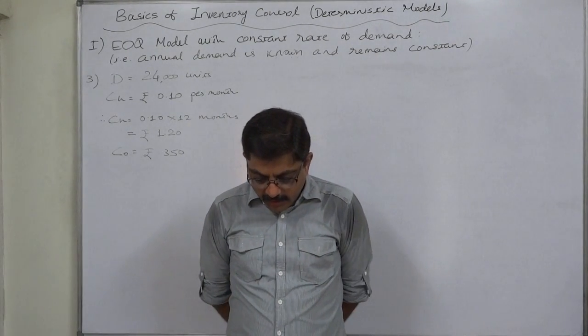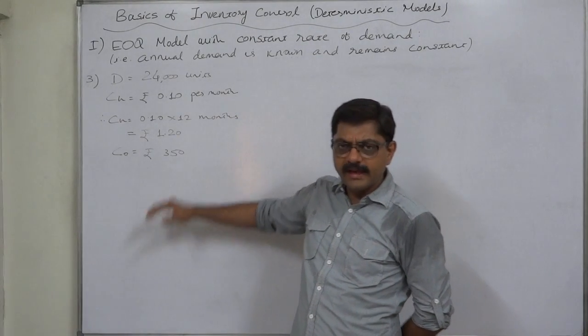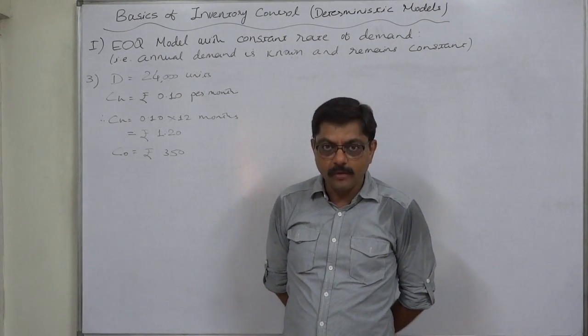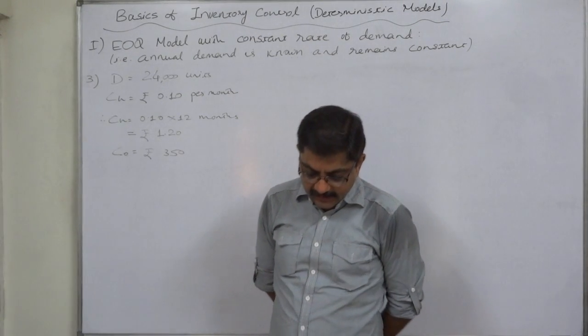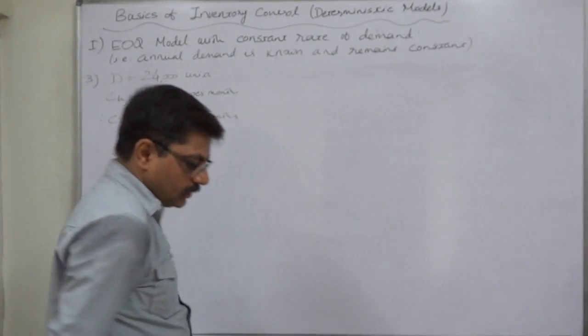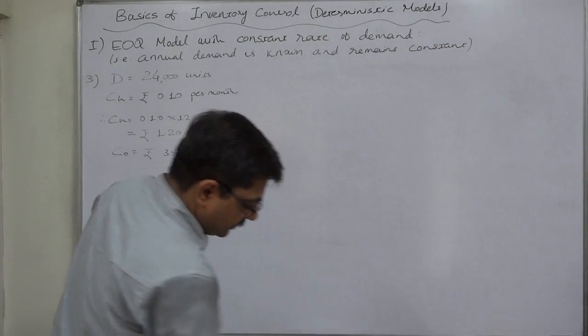Setup cost per run is rupees 350 per run, per lot, per batch, all are same. Find the optimal lot size or batch size or run size and the length of optimal production run. More or less the calculations are of the same nature. Let us perform.